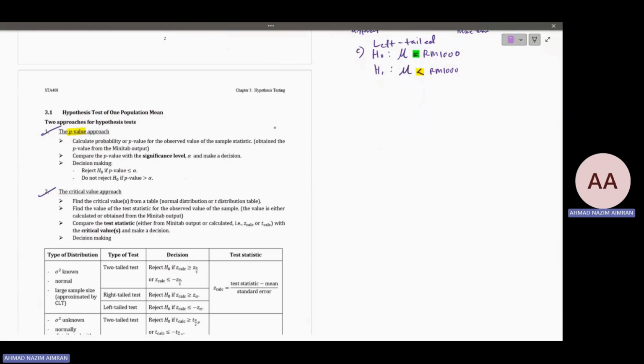So for the p-value approach, the first one, the p-value is actually a value that can only be found in the statistical test output.